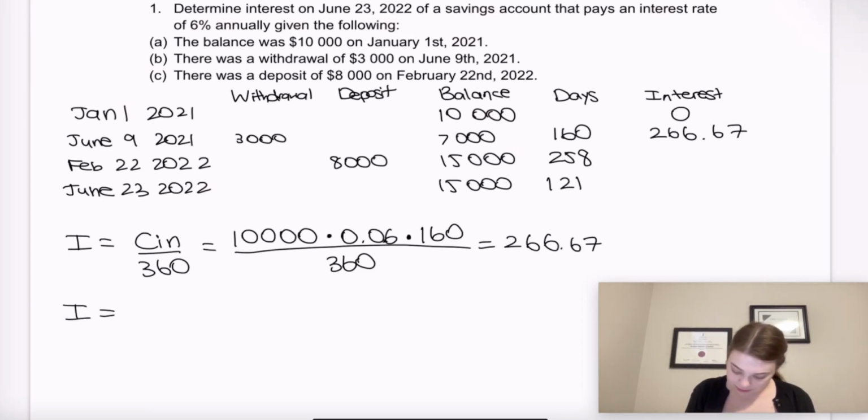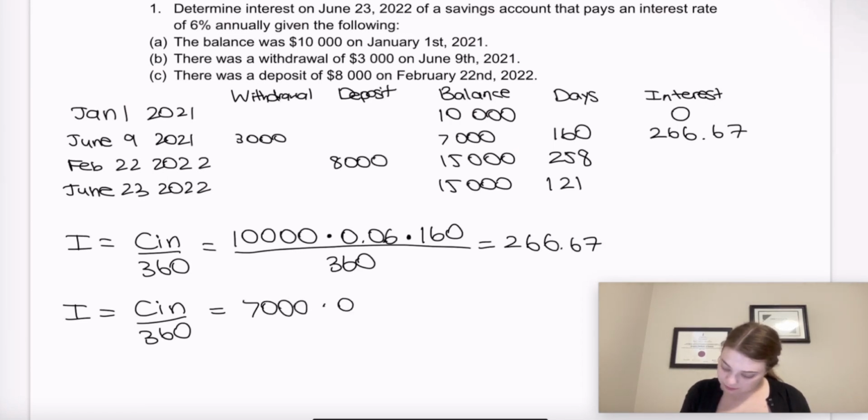Now I'm going to do the same thing for the second one. So I is equal to CIN over 360. This time, the balance overall, now that we have withdrawn 3,000 here, is 7,000. So it's 7,000 times 0.06 times the number of days, and that 7,000 is there for 258 days before there's any other withdrawals or deposits, so that's over 360.